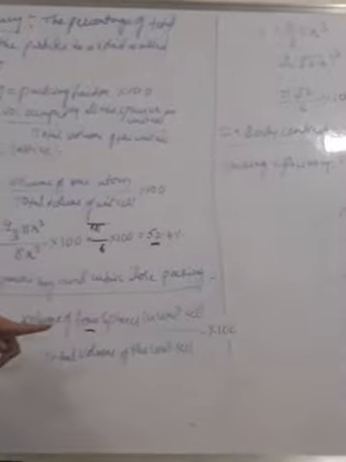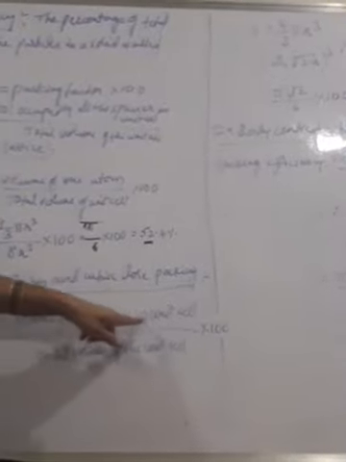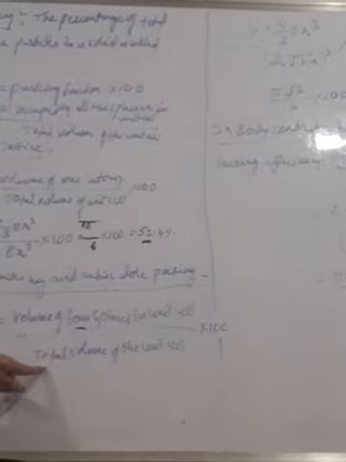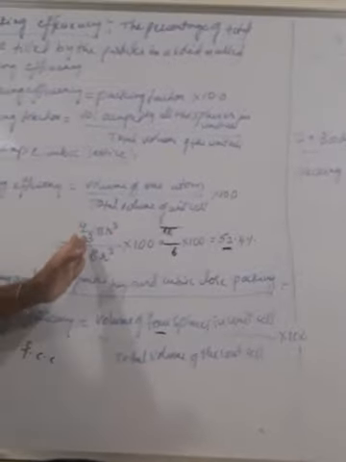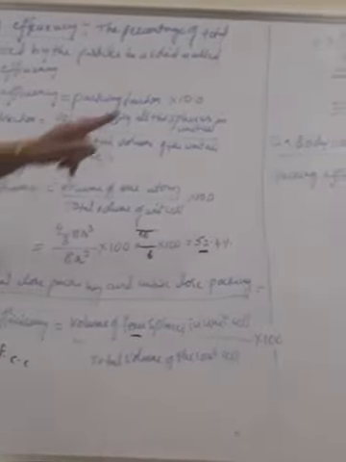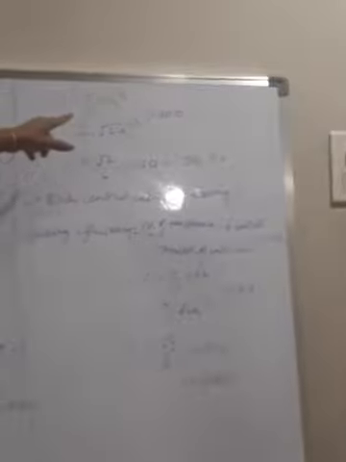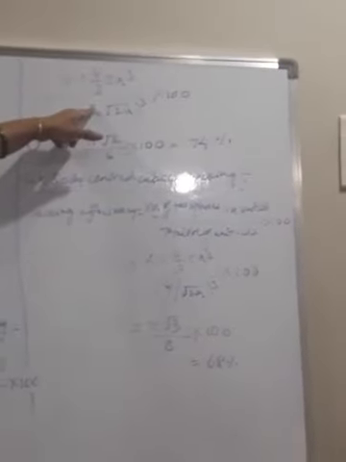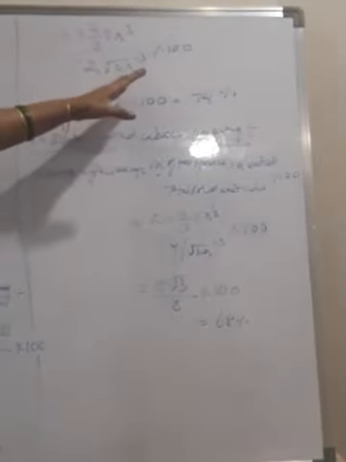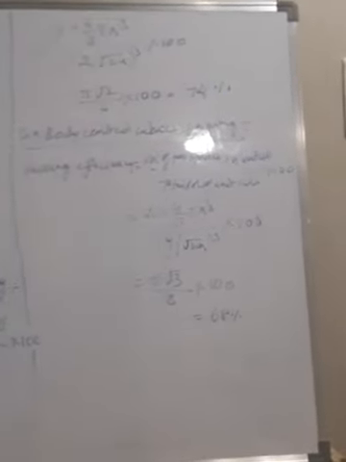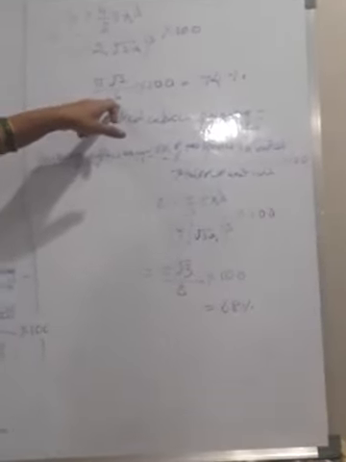So the volume of 4 spheres in the unit cell by the total volume of the unit cell into 100. You know the volume of a sphere is 4 by 3 pi r cube. So 4 into 4 by 3 pi r cube by 2 root 2 r whole cube into 100. This is equal to pi into root 2 by 6 into 100, which is equal to 74%.